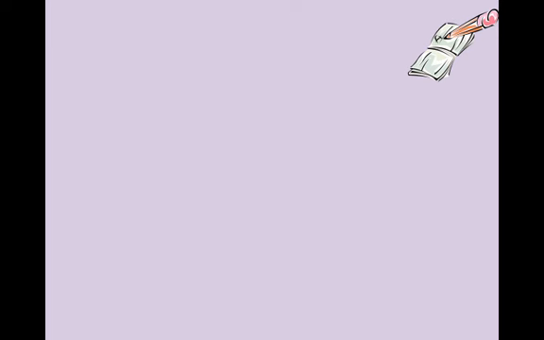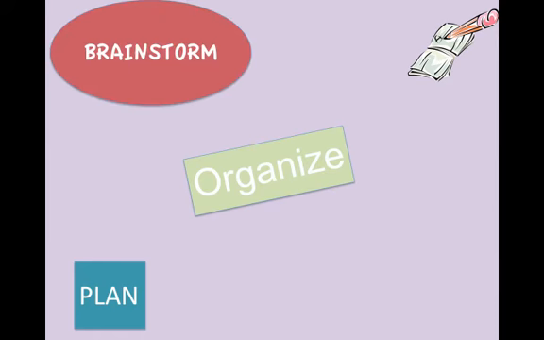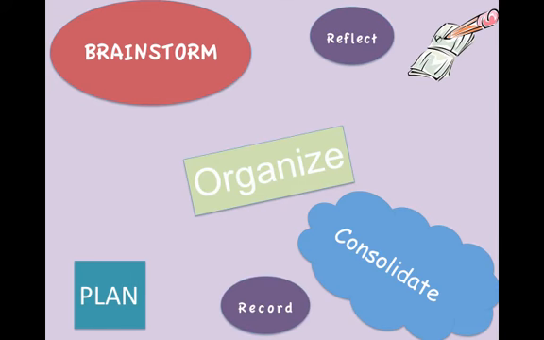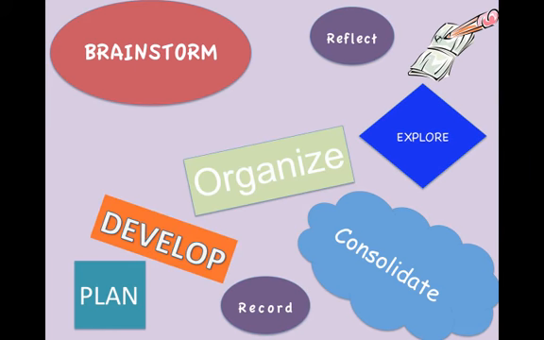In other words, what sort of writing do you do to organize your thoughts, plan, brainstorm, consolidate something that you're trying to learn, record and reflect on ideas and experiences, explore and develop new ideas, question and critique someone else's ideas. Look at all of these words.